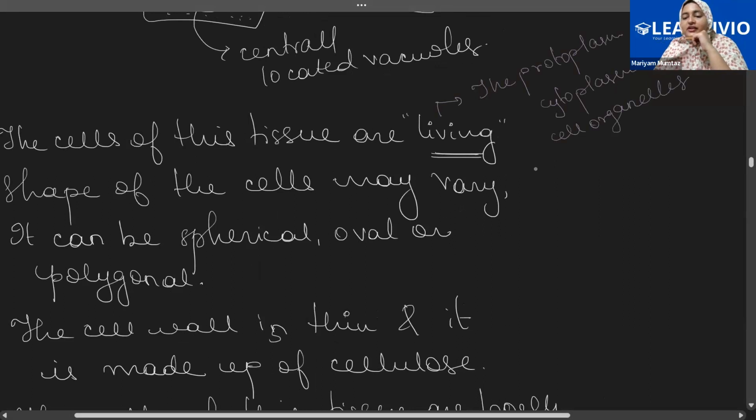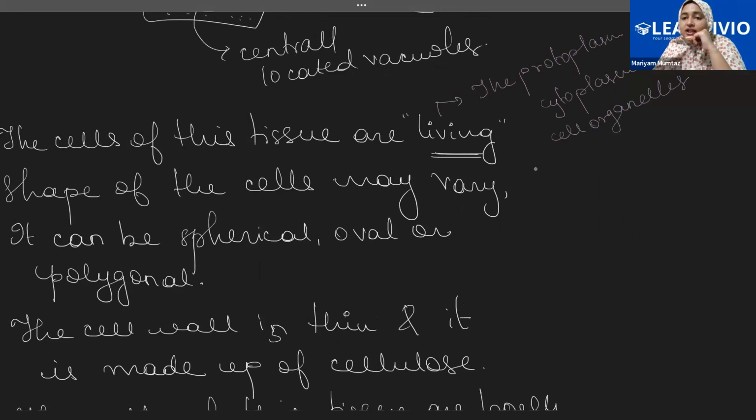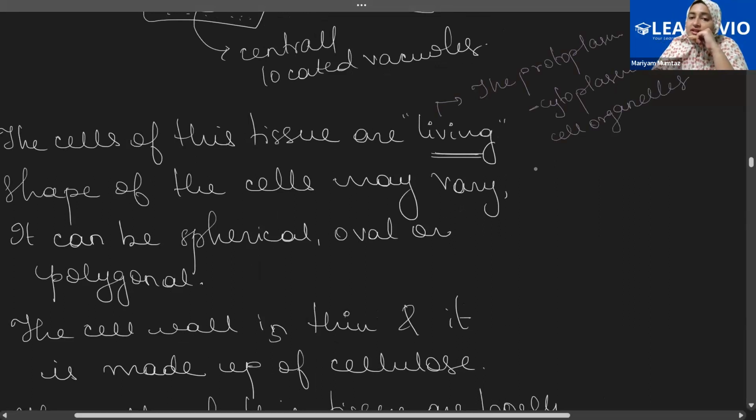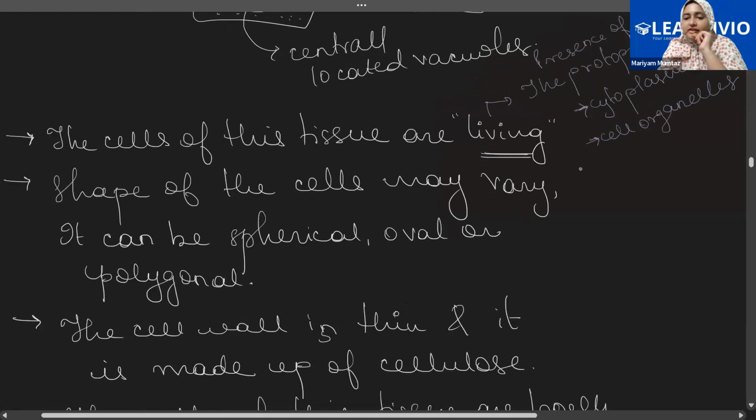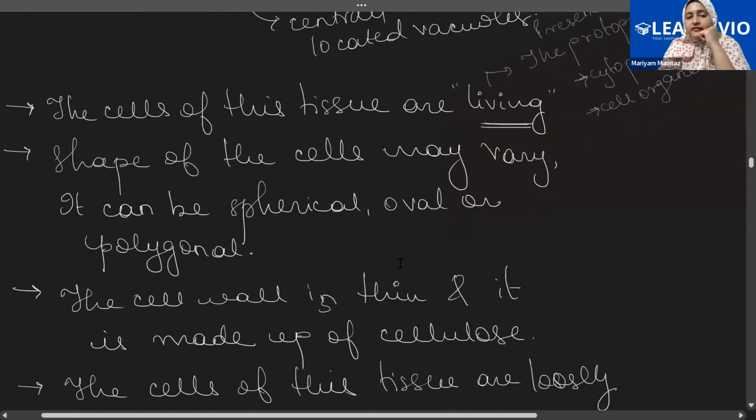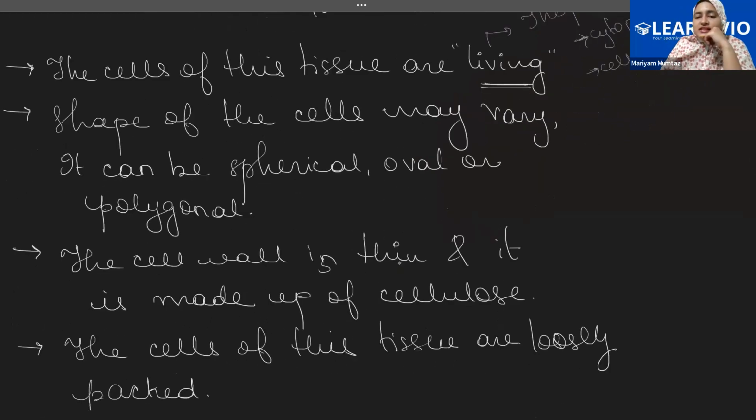Mitochondria, Golgi apparatus, nucleus, everything. So, the presence of the protoplasm that contains cytoplasm and cell organelles is when we'll call the cell living. Very good, Tejas.